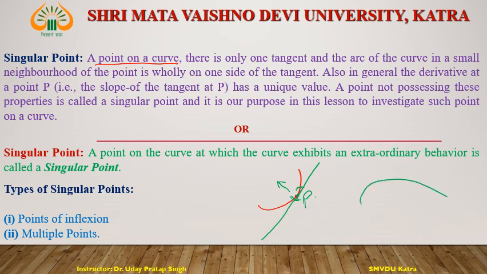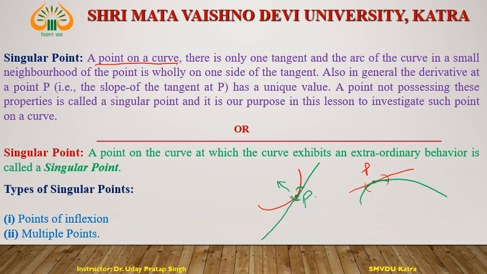And if this is the curve, and at this point P we draw the tangent, then the small neighborhood of this is the arc. This arc lies on the downward side at the point P.